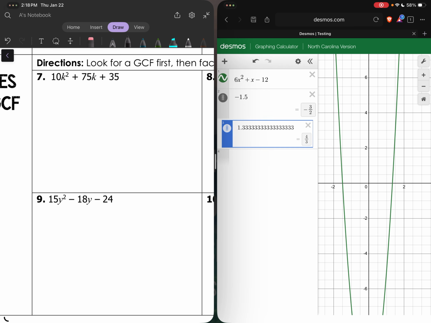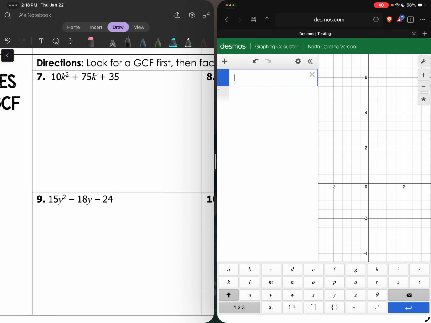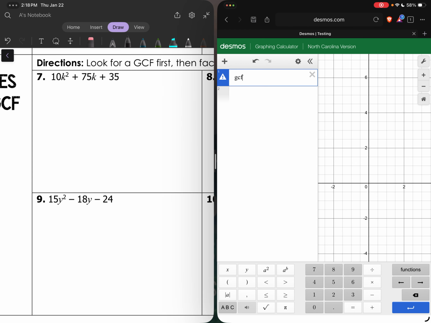For number 9, I'm going to type in GCF, parenthesis, 15, comma, 18, comma, 24. My GCF is 3, so I can pull out 3 from every term. 15 divided by 3 is 5y squared. 18 divided by 3 is 6y. 24 divided by 3 is 8.